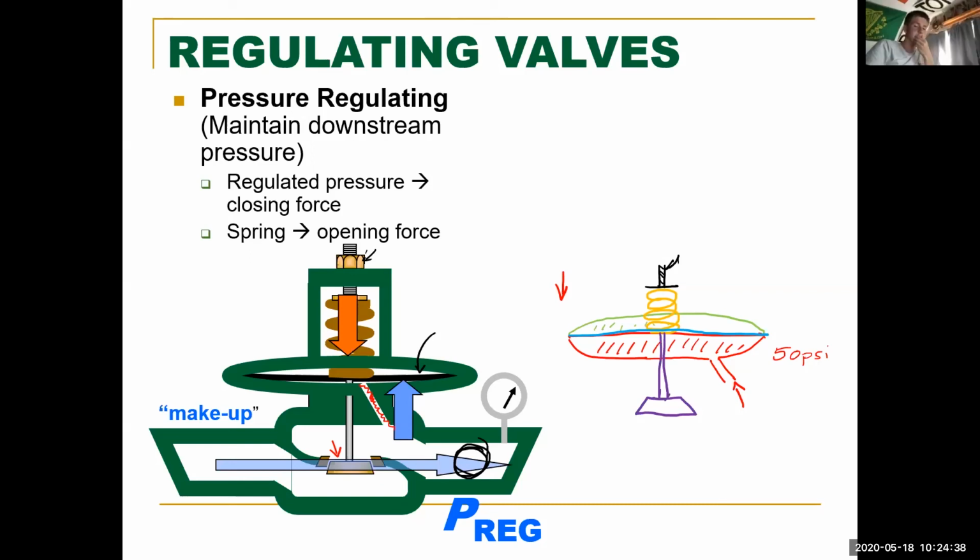Okay. All right. So if the seat is pushing up, it means that whatever is downstream, if that becomes too great, it will overcome the spring pressure and it will close the valve. That's what we have to look at right here.